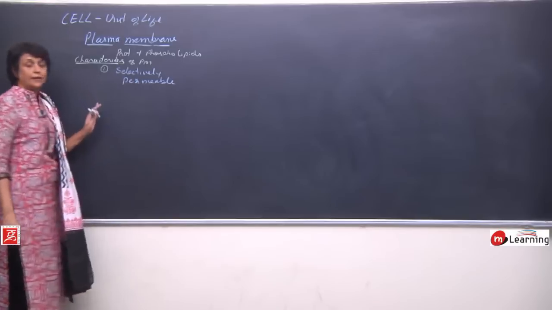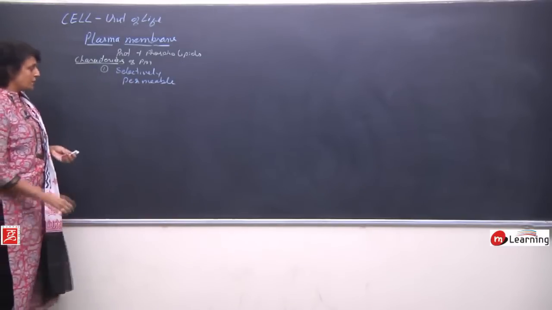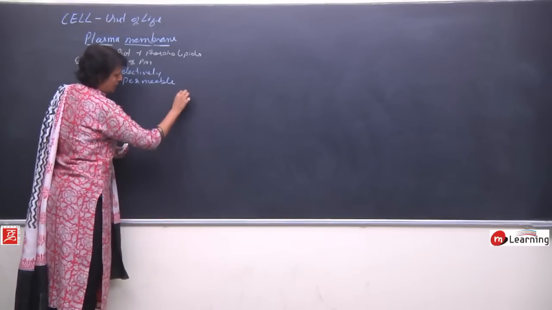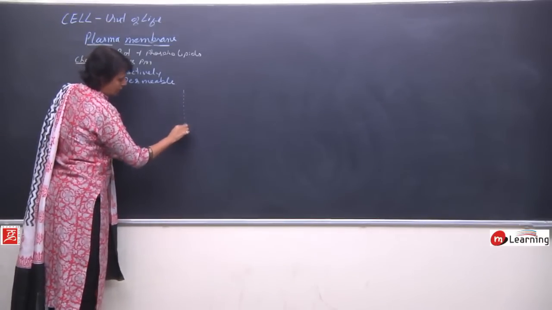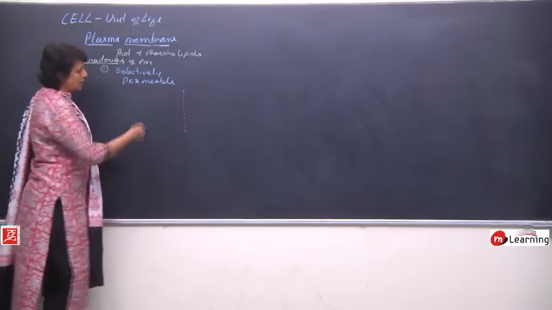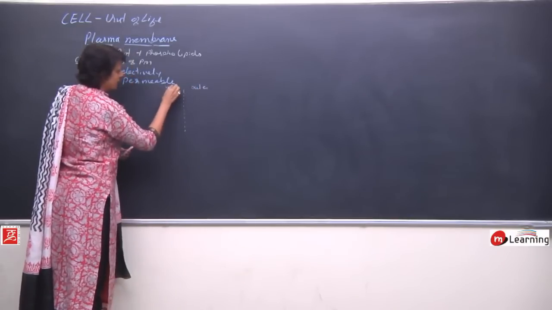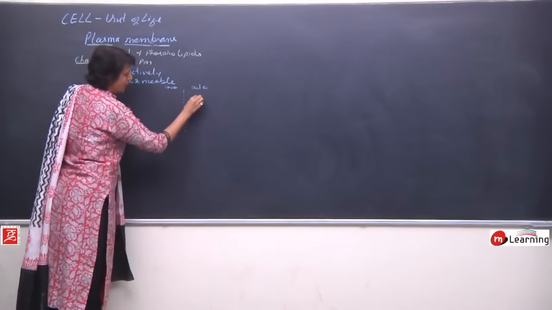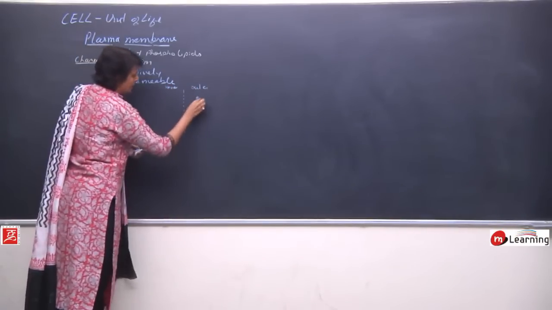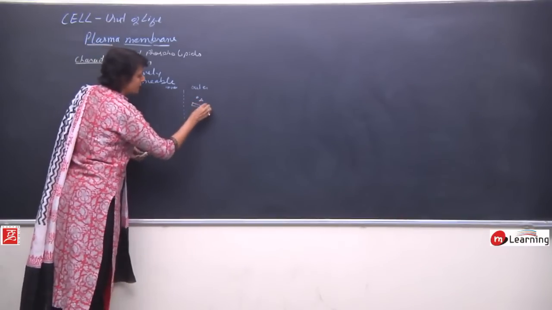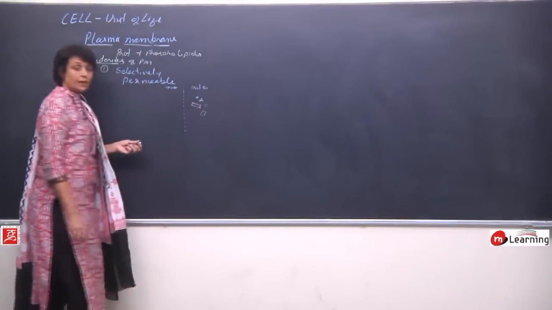We need to understand the meaning of selectively permeable. Say if we talk of a membrane which has pores, and this is say the outer side, this is the inner side, and these are various types of particles which are present here.